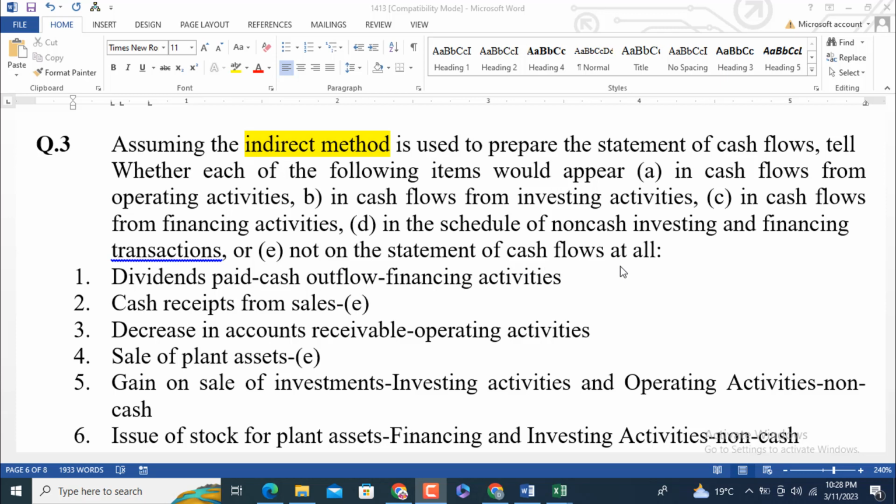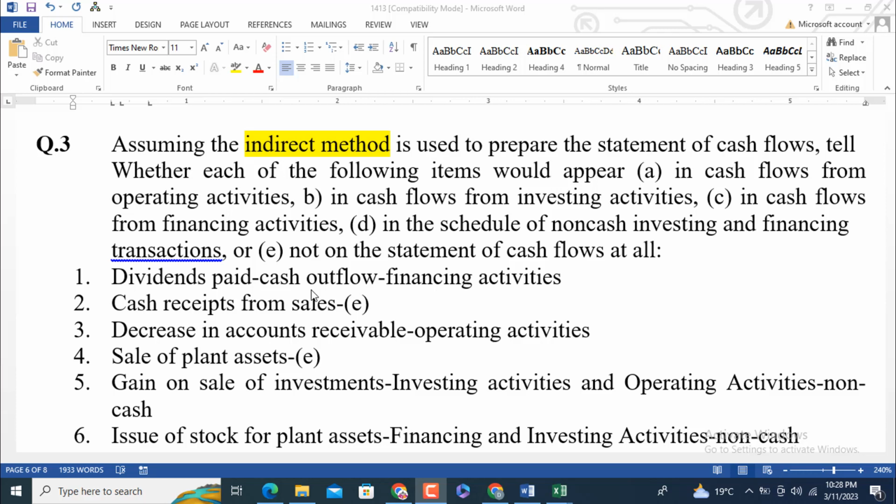So here are the statements that you have to decide on the basis of these five items that have been mentioned in your question 3 narration. Before going to the statements, I am going to share with you one thing, that there are two methods of preparing cash flow statement. One is the indirect method and the other is the direct method.